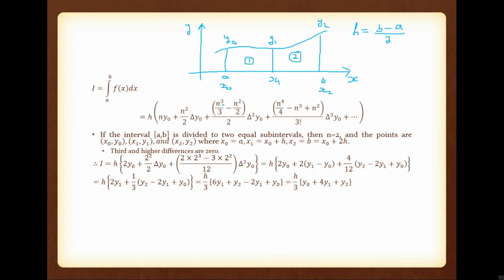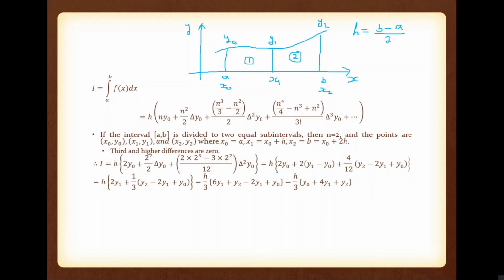Now for this term I applied the LCM: 2 into n cube minus 3 into n square divided by 6, and 6 into 2 is 12. So the bottom you can see 12. In the numerator you have 2 into n cube, so 2 cube, minus 3 into n square, that is 2 square, into delta square y0.